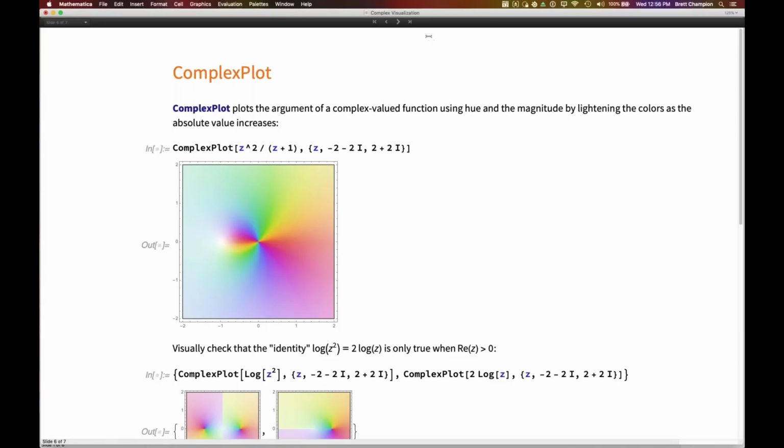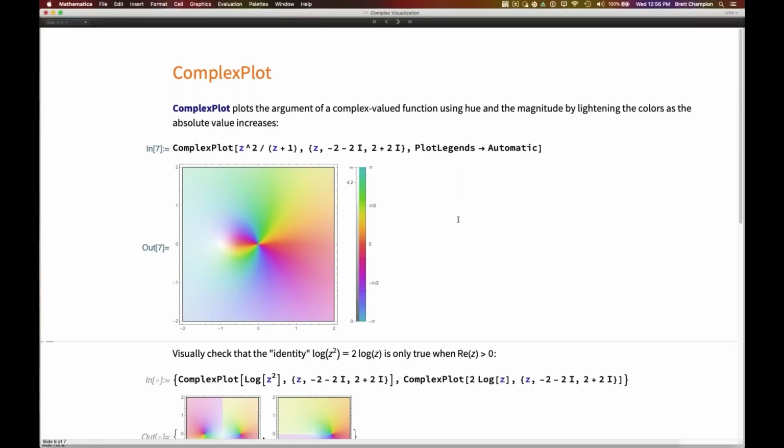And so let's turn the legends on here. As before, we go from minus pi as turquoise through 0 as red to turquoise again at pi.